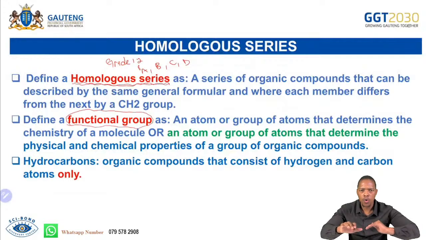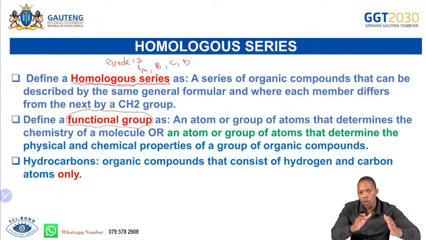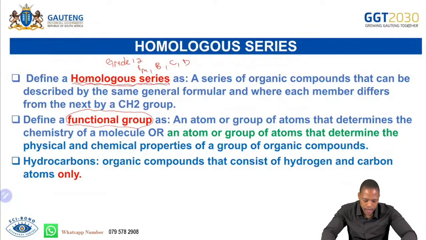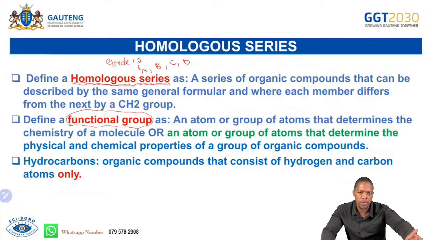So we are also going to be identifying these organic compounds according to which homologous series they belong to. And what we'll be checking is their functional group. And what is a functional group in terms of the formal definition? We say it is an atom or a group of atoms that determines the chemistry of a molecule. It's an atom, so it's one atom that you are going to check: if I see this atom, well, you must be belonging there. Like I'm saying, check this book, you must be belonging there.